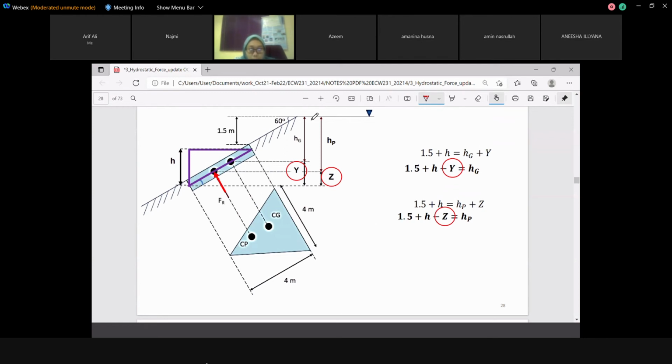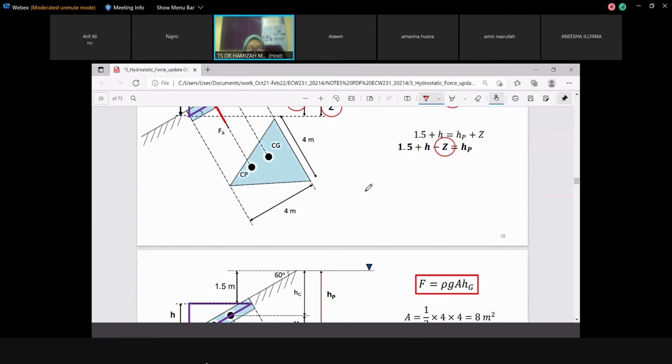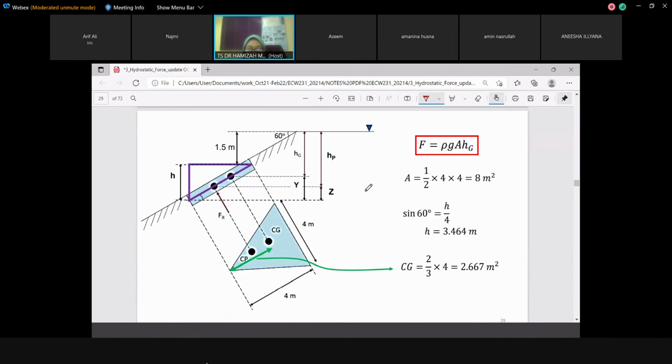Tapi dia bagi you banyak nilai-nilai yang tak tahu. So we need to find the y and also the z, angle of 60. Okay, this one that I mentioned, the center of gravity ialah 2/3 times dia punya length of the gate ni.